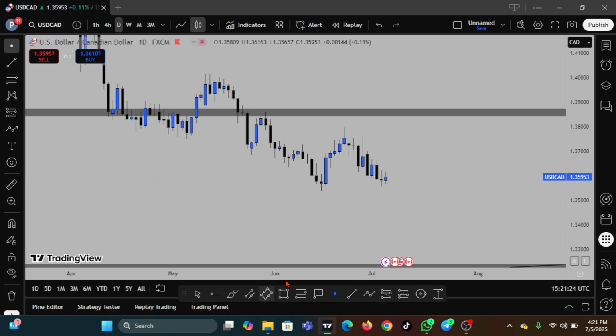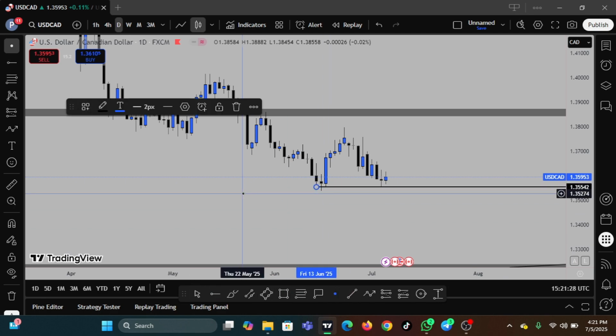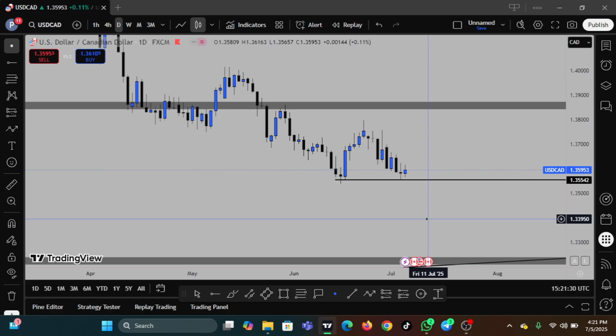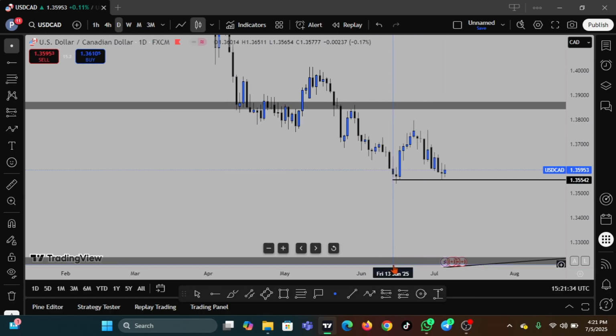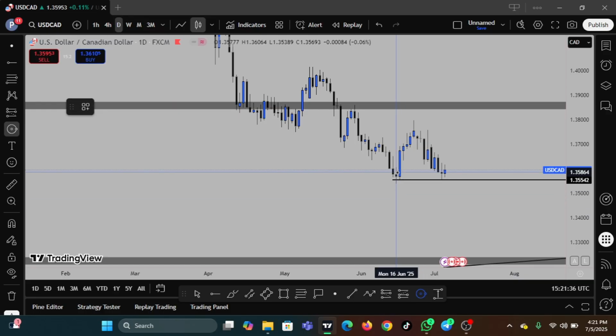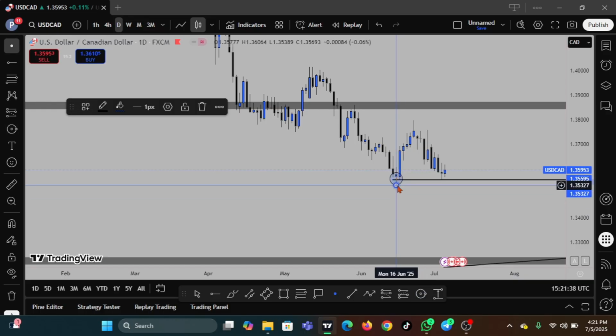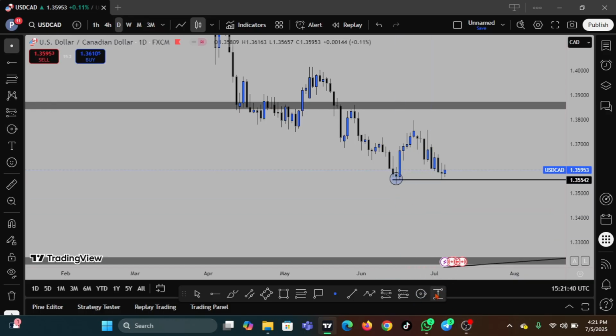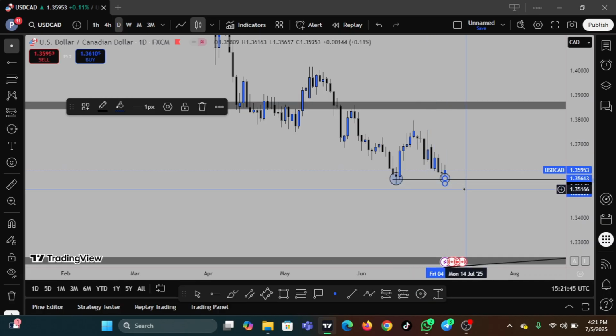This was the line I drew before I deleted it. This level here is where the market is holding at the moment, and it is possible that price holds, maybe not. Of course, it is when the market opens, based on that, that we are going to react.